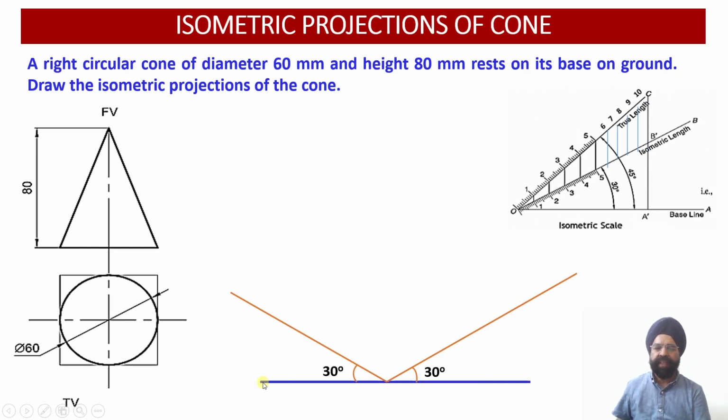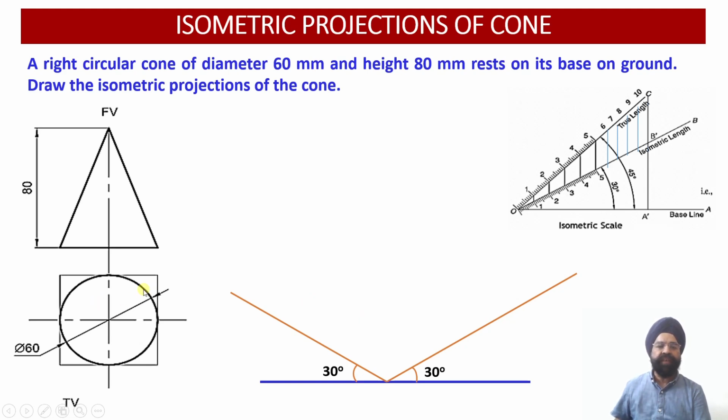So to begin with, we have got the horizontal ground baseline, and then the x-axis and z-axis, that is the isometric axis, will be drawn at angles of 30 degree each. Now we can see that this is the top view of the circular cone, which is a circle, and we already know that we cannot draw the circle straight away onto the isometric projection.